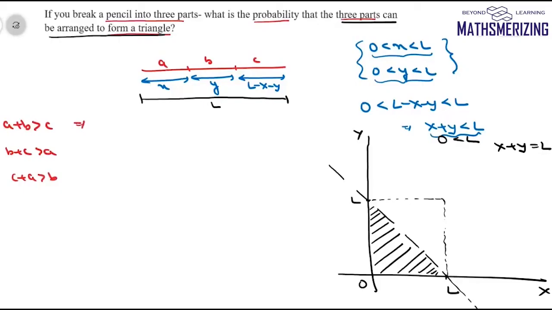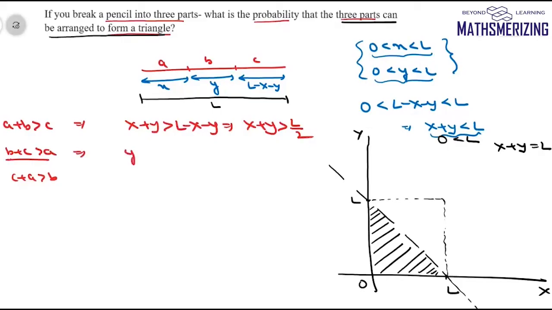Now I will take A plus B. So what is A plus B? A plus B is X plus Y, which should be greater than L minus X minus Y. So from here I'll get X plus Y should be greater than L by 2. Now from the second one, B plus C is greater than A. So what is B?